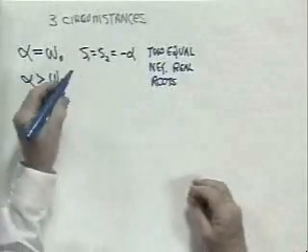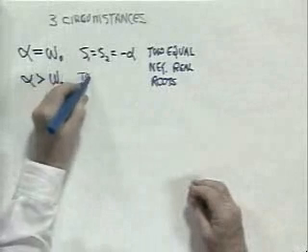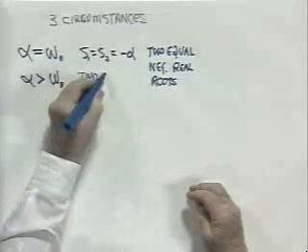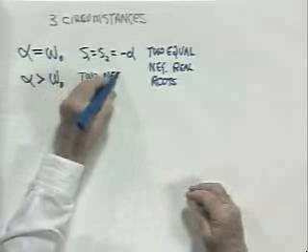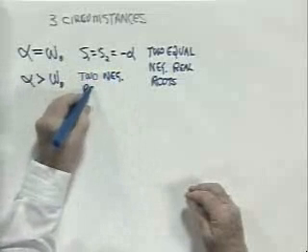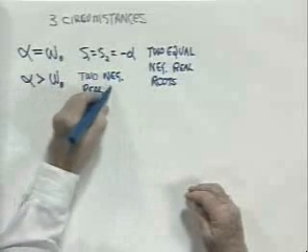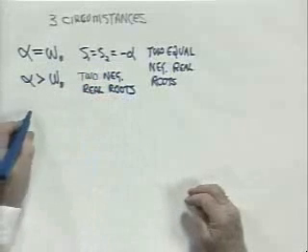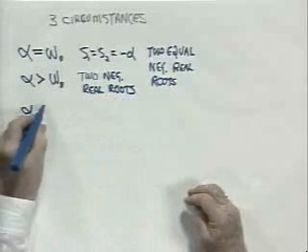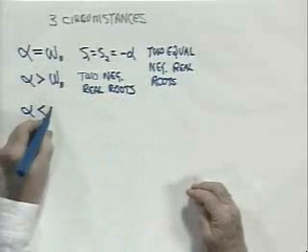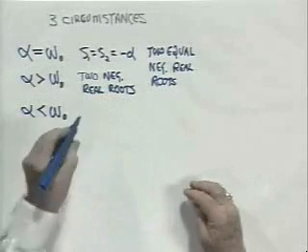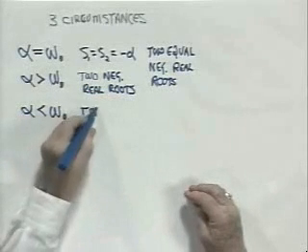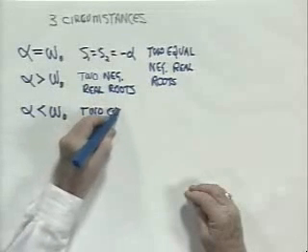So in this case, I get two negative real roots, not equal. And the final case, the one we're interested in here, the most interesting one, is when alpha is less than omega naught, in which case I get two complex roots.